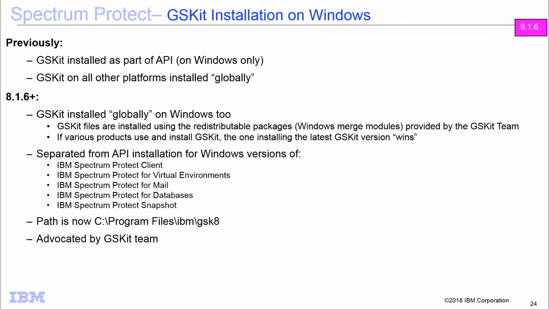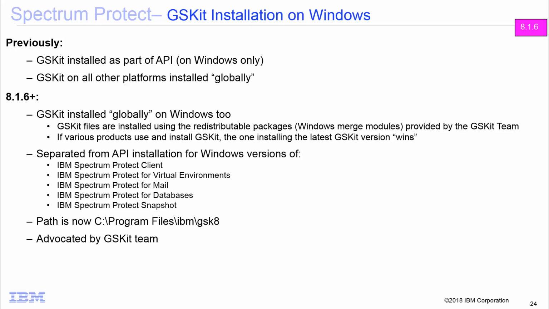The next enhancement has to do with Windows only and has to do with the GSKit that we use for SSL encryption of our communication. Previously, GSKit was installed as part of the API for Windows only. All the other platforms were installing it globally. So in 8.1.6, we're now able to also install the Windows GSKit globally.